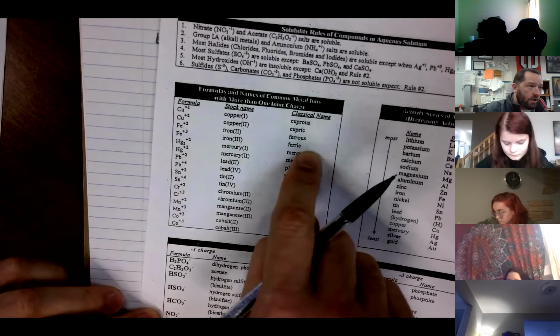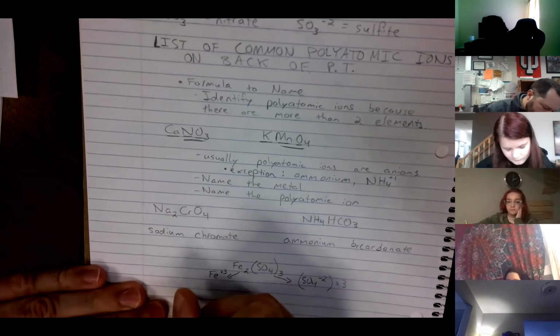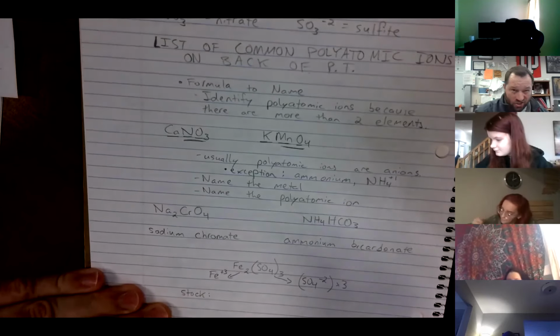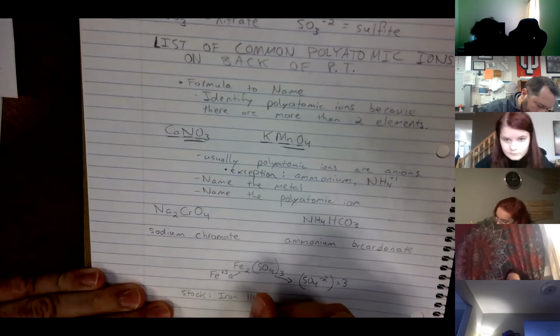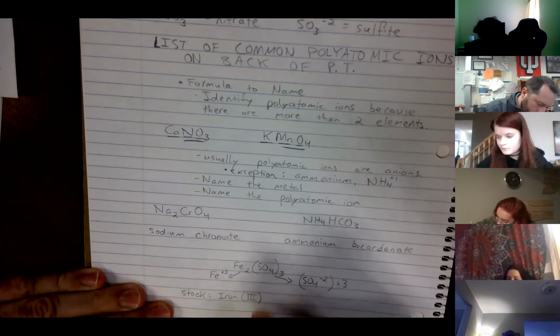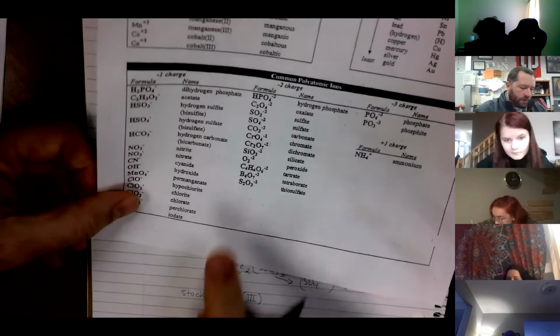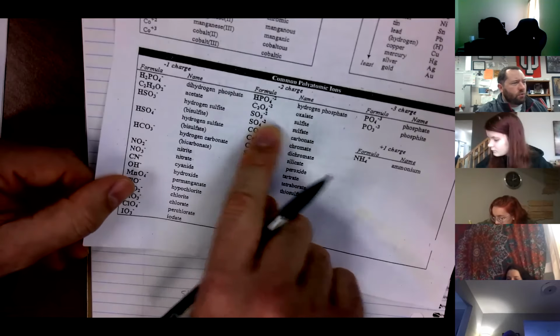Either iron 3 or ferric. Again, I like that you guys used both names. I think it's the best way to get familiar with some of those classic names that you do occasionally see. So, iron 3, and again, we've got to look up that. I forgot what it was. I know it has a -2 charge, though. SO4 sulfate. SO4 is sulfate.